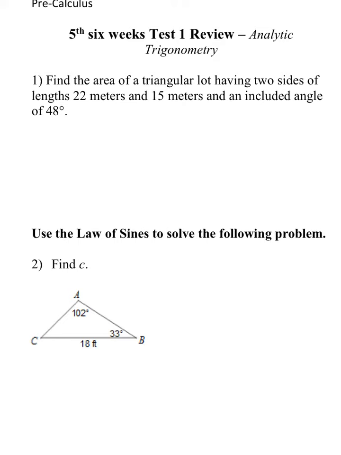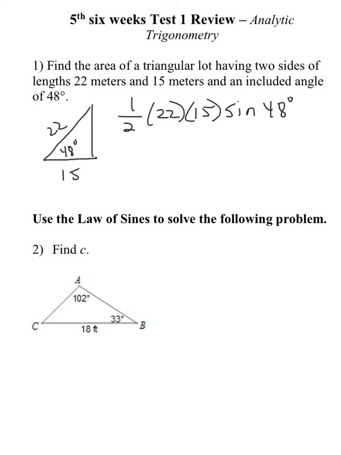Okay, Longhorns, this is the fifth 6 weeks test 1 review for analytic trigonometry. And so we're going to start with problem 1. I'm going to draw a triangle representing our problem situation, and then we will find the area. Okay, so we have a triangle with sides 22, 15, and an included angle of 48 degrees.